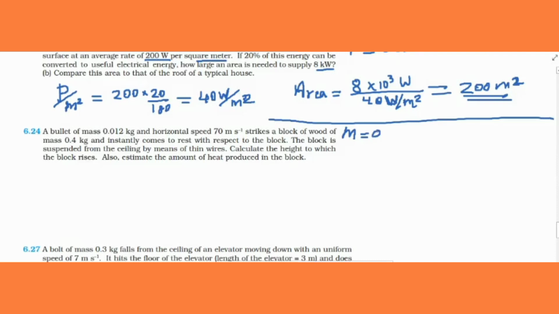Small m is equal to 0.012 kilogram. With a horizontal speed of 70 meter per second. That is initial speed. We can take the initial speed of the bullet 70 meter per second. Strikes a block of wood of mass 0.4 kilogram. Let it be big M is equal to 0.4 kilogram.